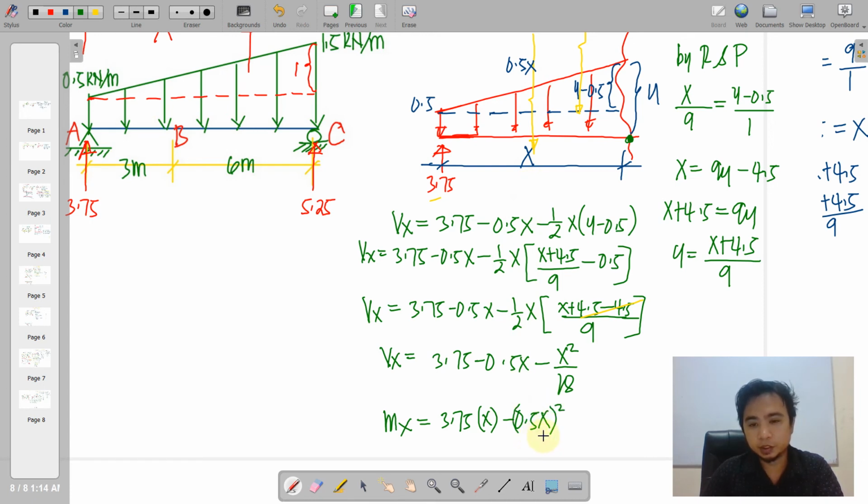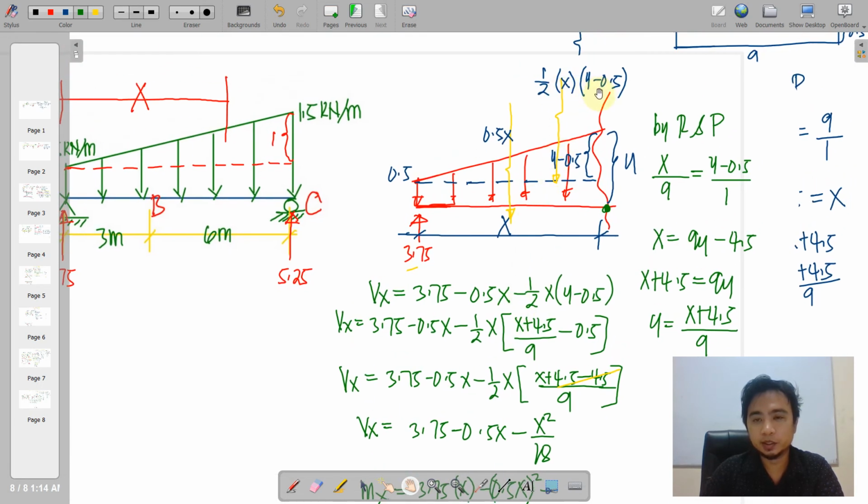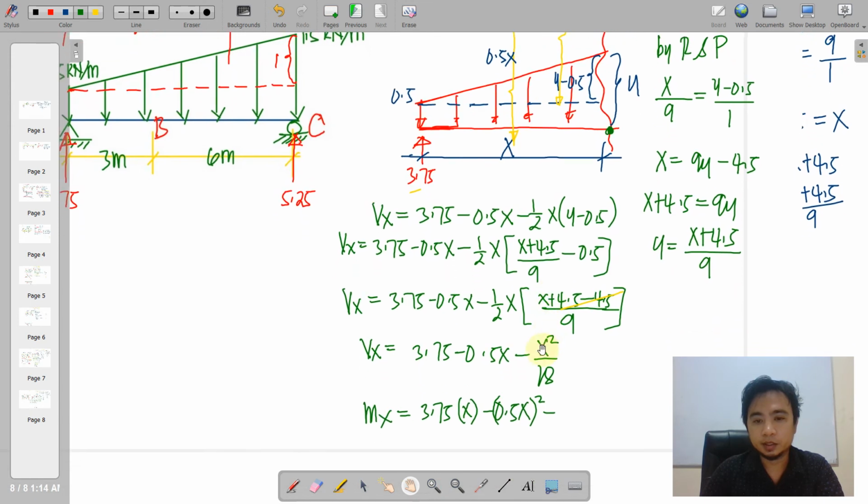So this is just squared, and then minus the triangular loading here. This is 1/2 x times y minus 0.5. So I think this is the expression or the simplified version. And we have to multiply this by its moment arm, that is 1/3 of x.